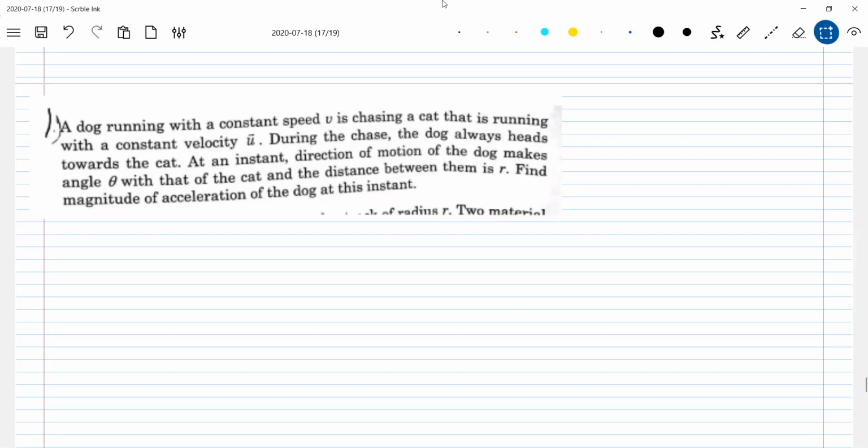Okay, I'll start from here. Chasing a cat that is running with a constant velocity u. Let the velocity of the cat be u. The direction of motion of the dog makes an angle theta with that of the cat, and the distance between them is r.